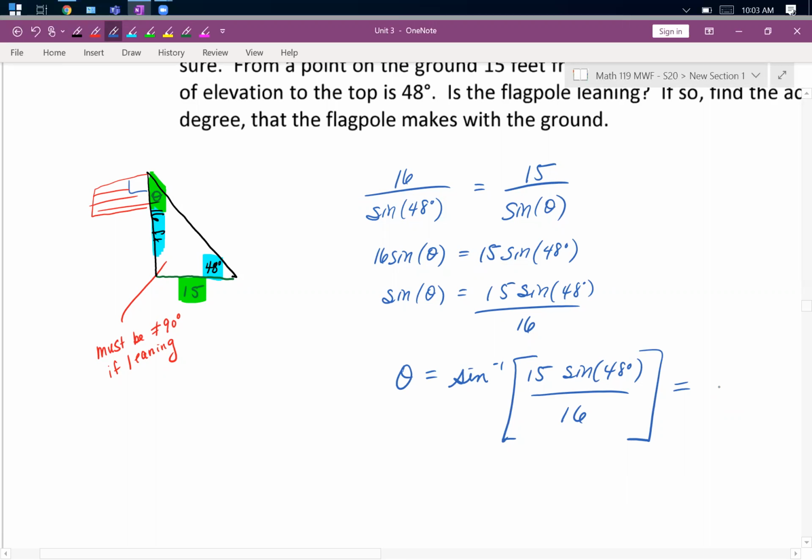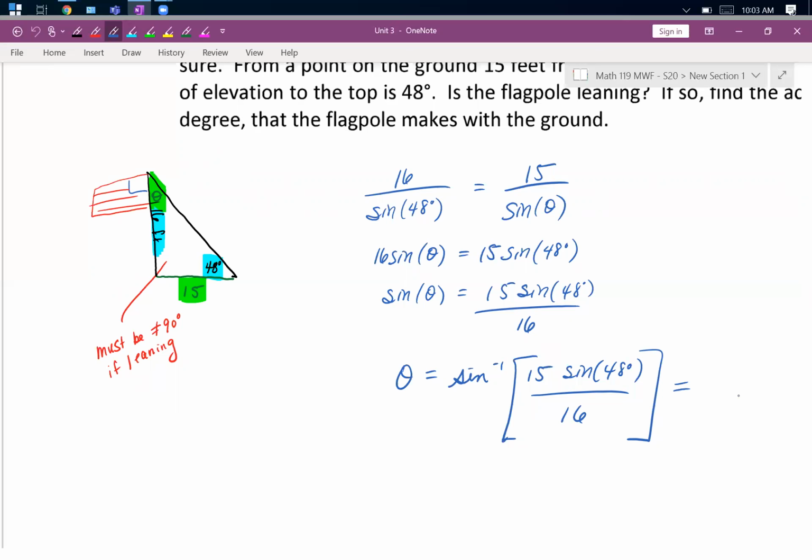So what do we get for our theta? I got 44.16.